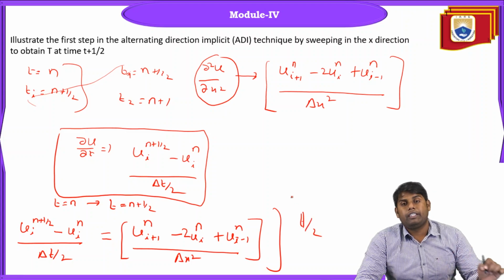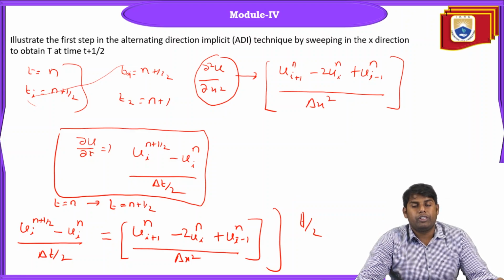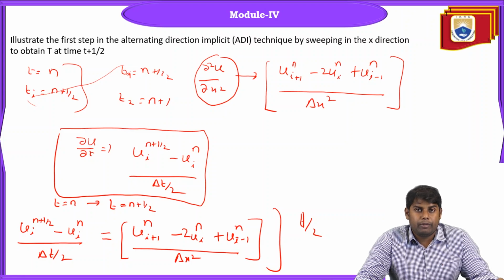Okay, so we'll see what happens in the second half. In the first half, along the x direction, we have used the explicit method. We have already discussed that for the explicit method, guessing the initial value is very straightforward and it is easy to get those values. That is the advantage of this ADI method.